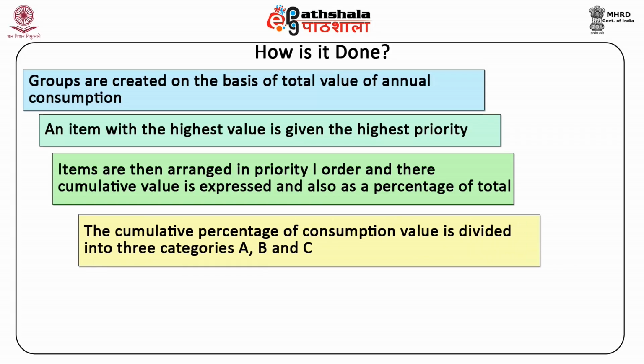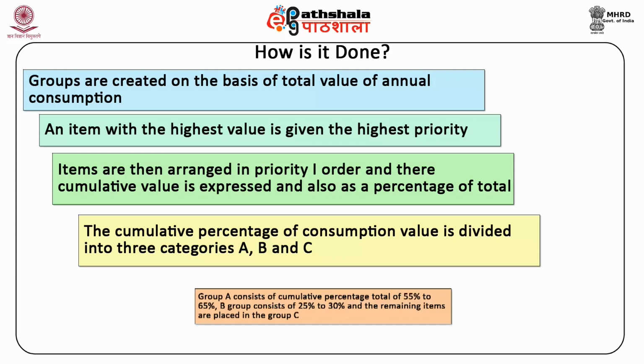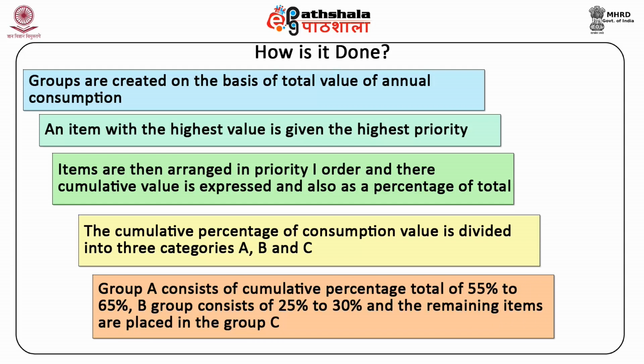Then the cumulative percentage of consumption value is divided into three categories: A, B, and C. Generally, group A consists of cumulative percentage total of 55 to 65%. B group consists of 25% to 30%, and the remaining items are placed in the group C.